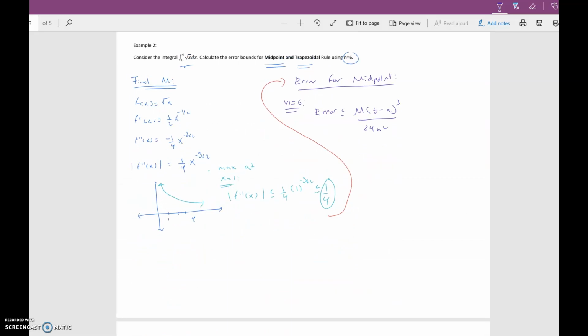And for this particular one, this is going to be less than or equal to, the maximum is 1/4. We're going to be using a equal to 1, b equal to 4, and n equal to 6. So it's going to be 4 minus 1 to the third, divided by 24 times 6 squared.